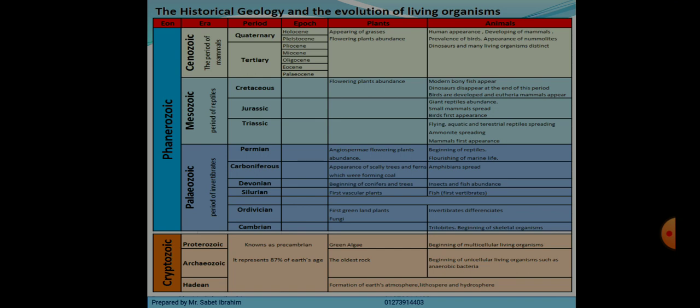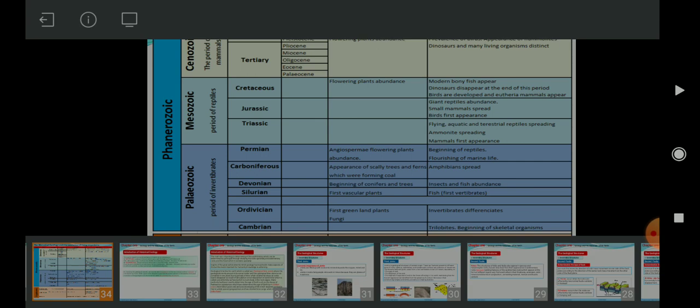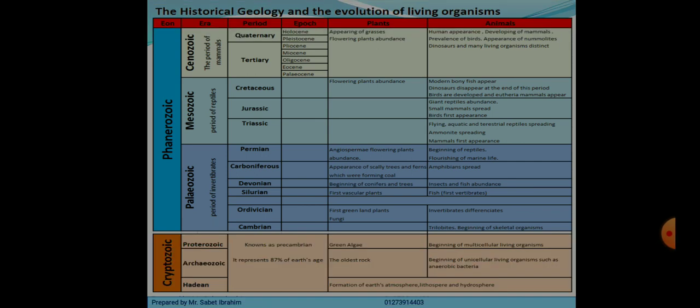Phanerozoic from 542 million years to 250 million years. Mesozoic from 250 million years to 65 million years. Cenozoic from 65 million years up till now.